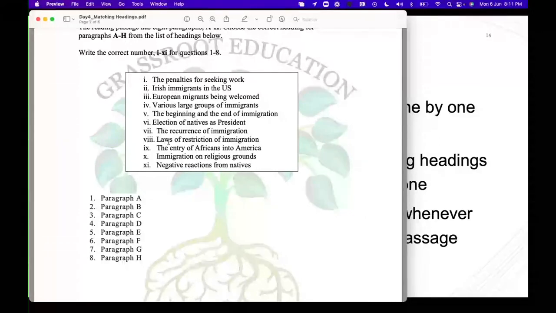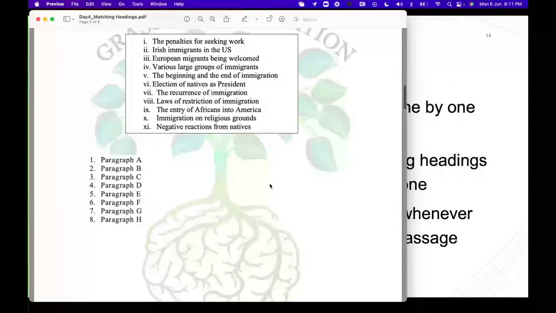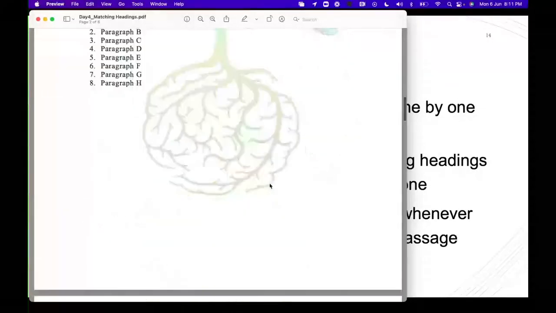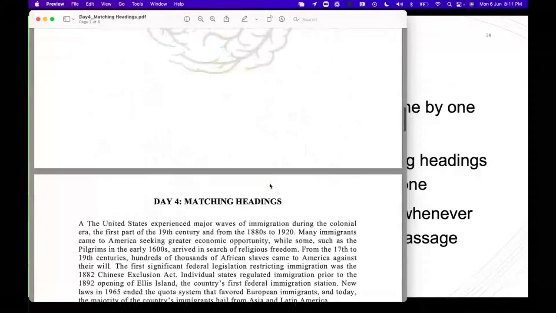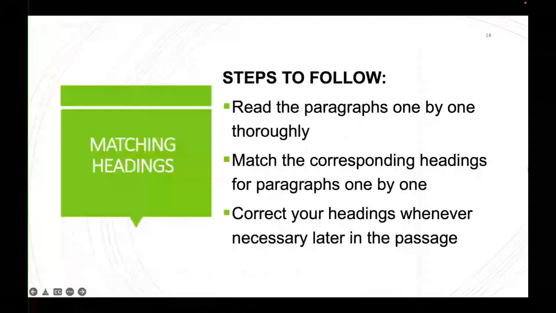Okay, please remember this. So how are you going to find titles to these paragraphs? You are going to do that by reading the paragraph completely, understanding the summary completely. You are going to understand everything that the paragraph is trying to say, why this paragraph is written.